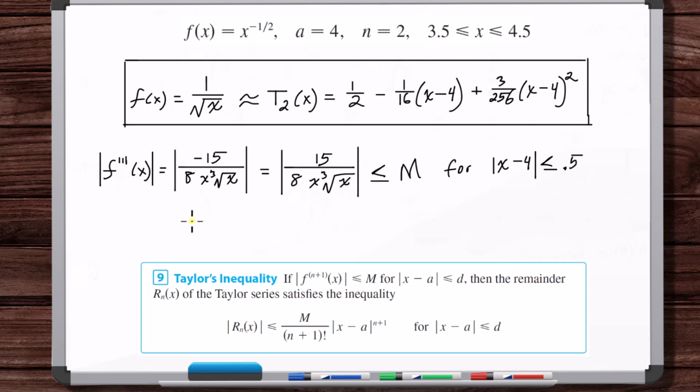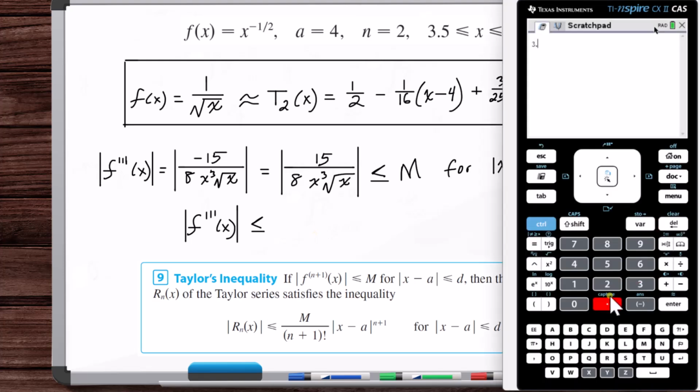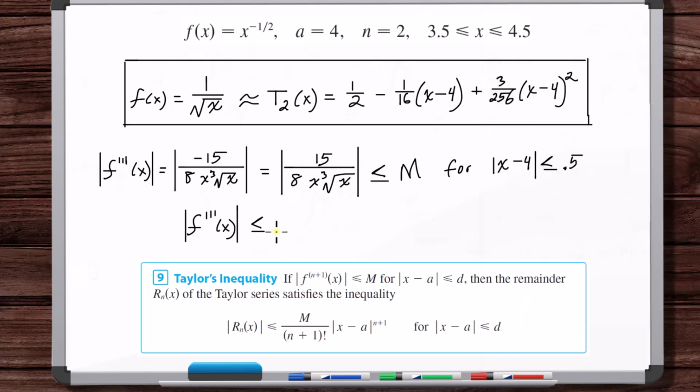Okay, so we can say that the absolute value of f triple prime is less than or equal to 15 divided by 8 times 3.5 cubed times the square root of 3.5, which is 0.023376.